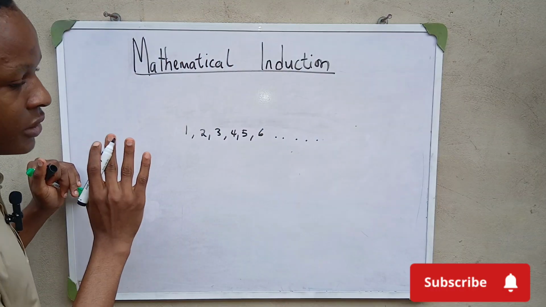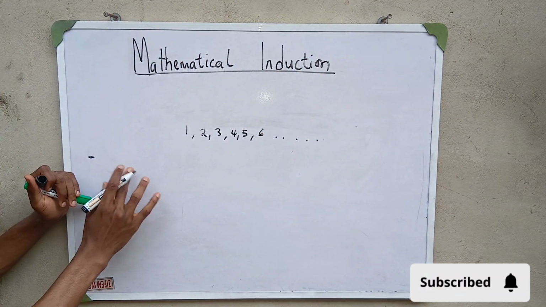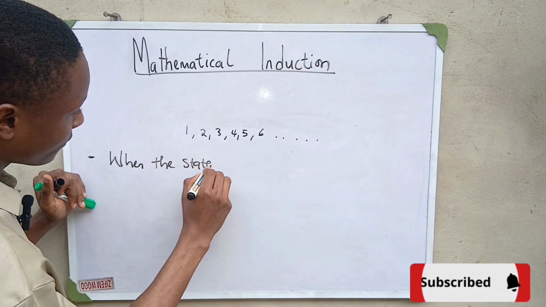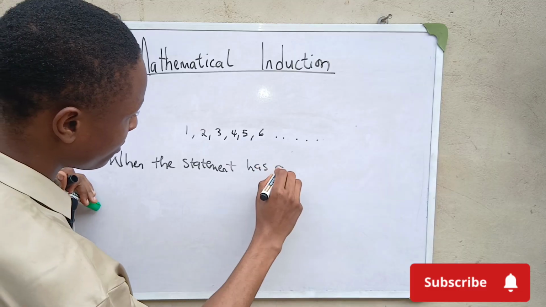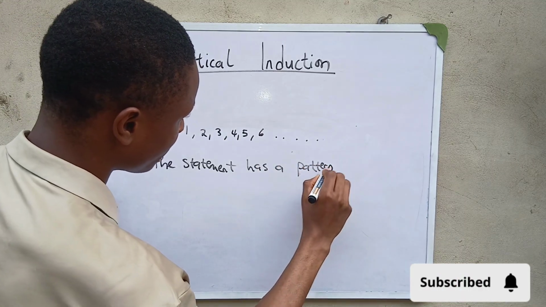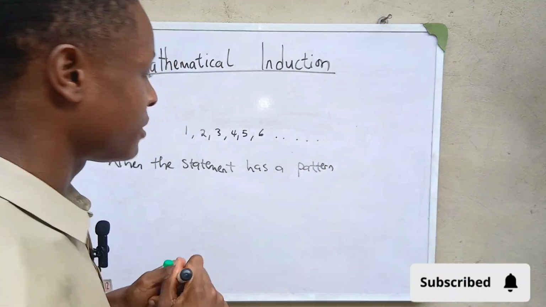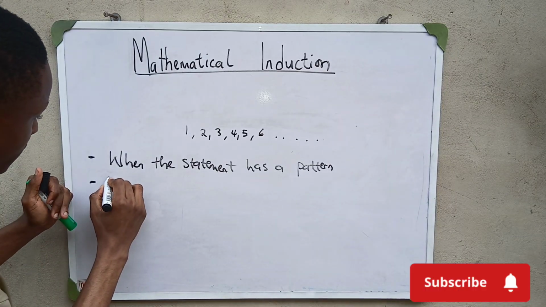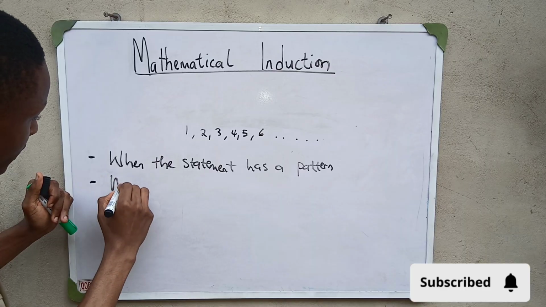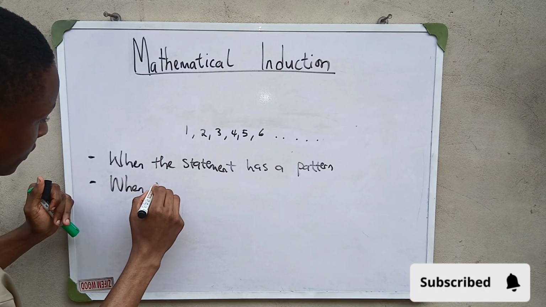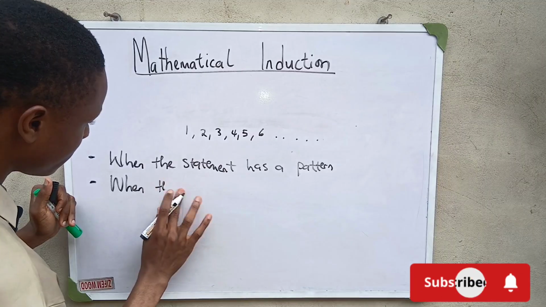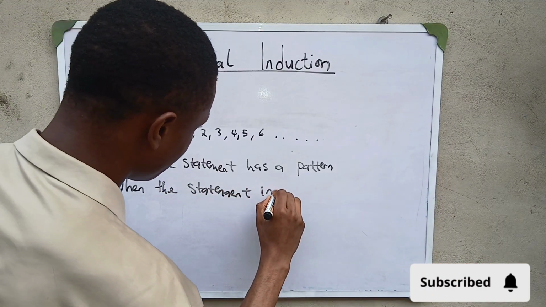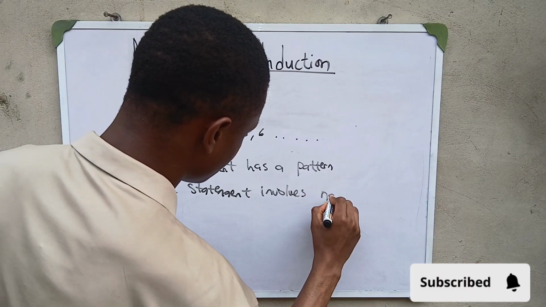Now, when do we use mathematical induction? We use mathematical induction when the statement has a pattern. So when there is a pattern in the statement, we use mathematical induction. We also use mathematical induction when the statement involves natural numbers.